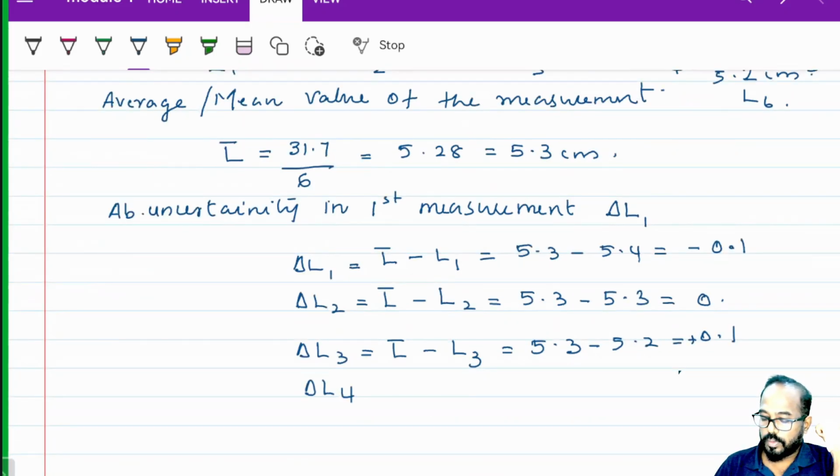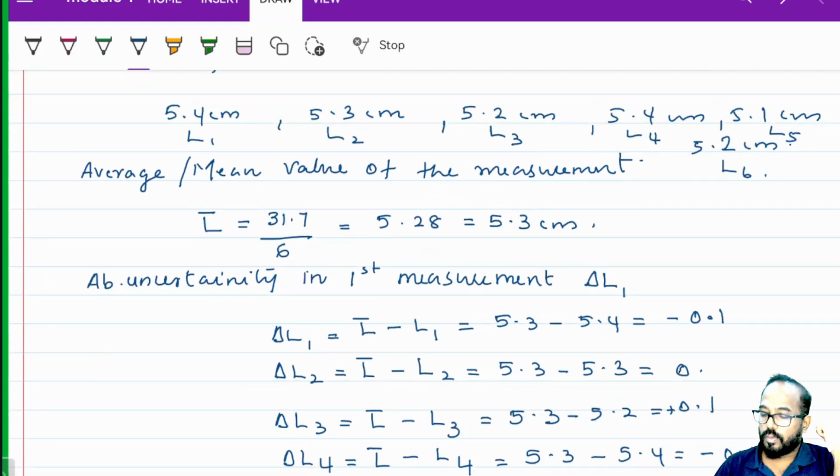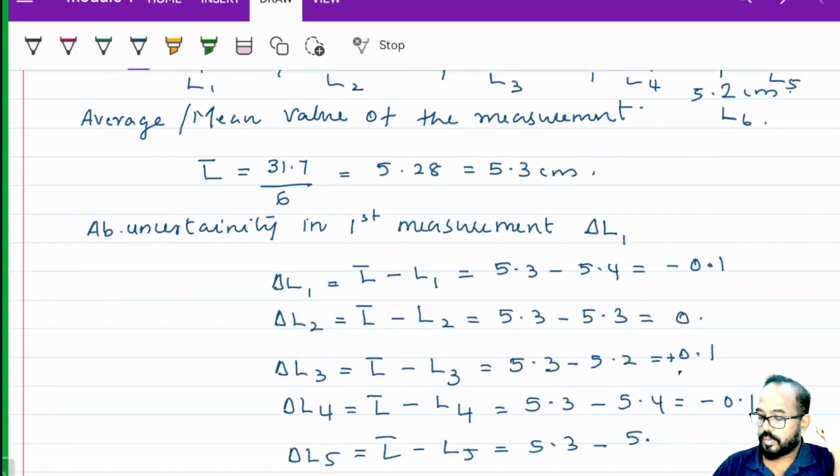Delta L4 is average value minus the fourth reading, so 5.3 minus 5.4, which is equal to minus 0.1. Delta L5 is average value minus the fifth reading, 5.3 minus 5.1, which is equal to plus 0.2.